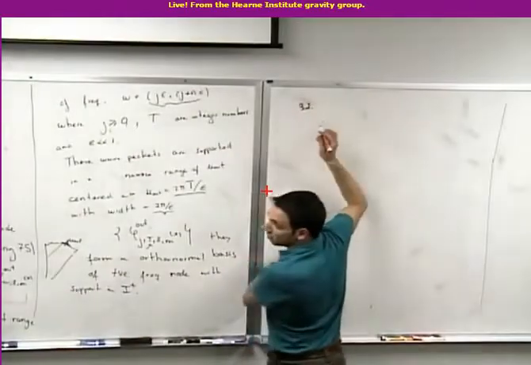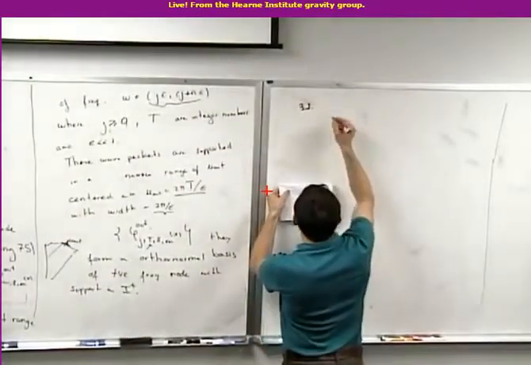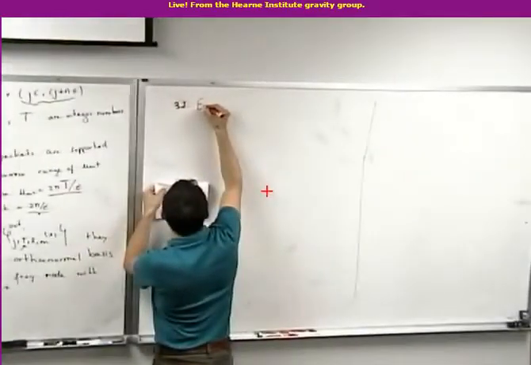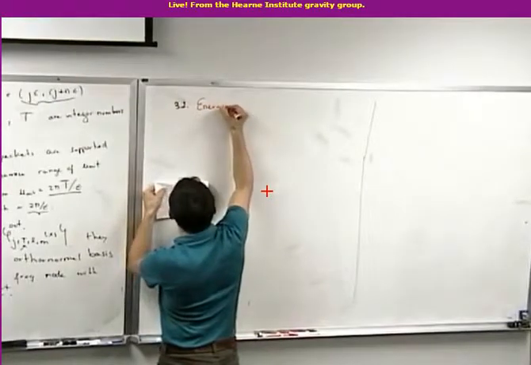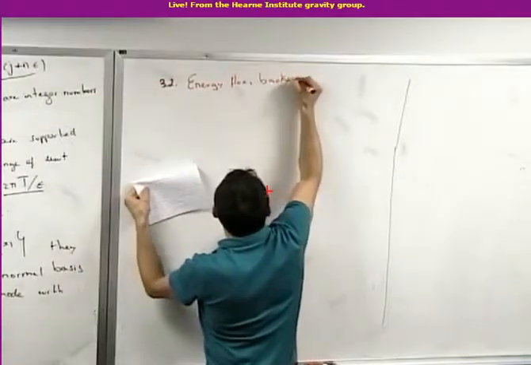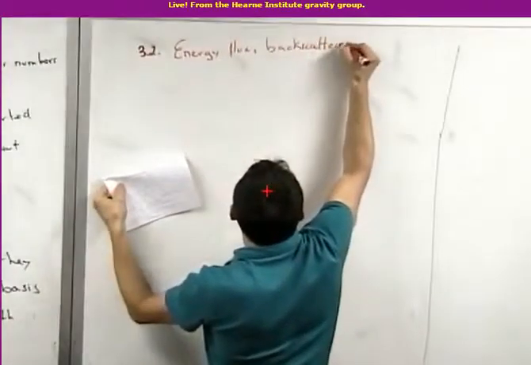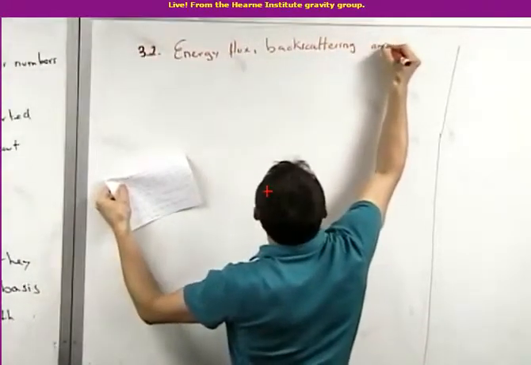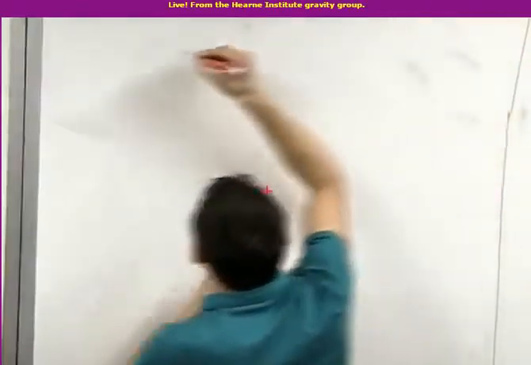The second generalization that I want to go over relatively quickly is the following. Let me talk about energy flux, backscattering, and gray body factors.